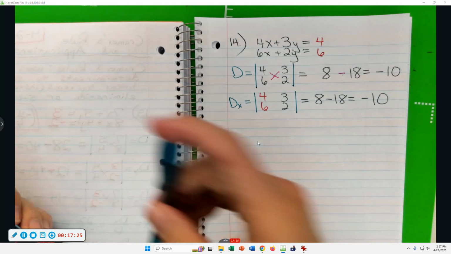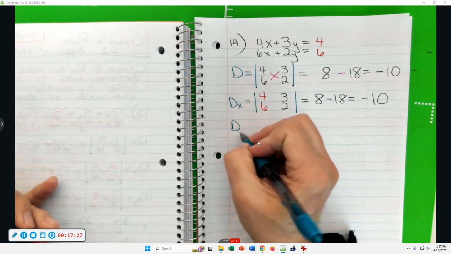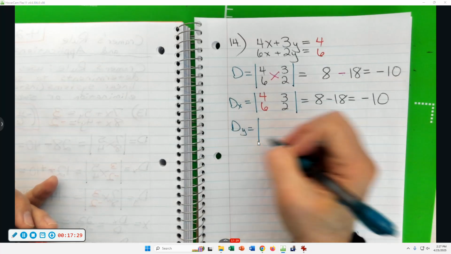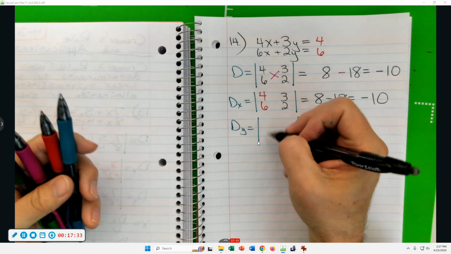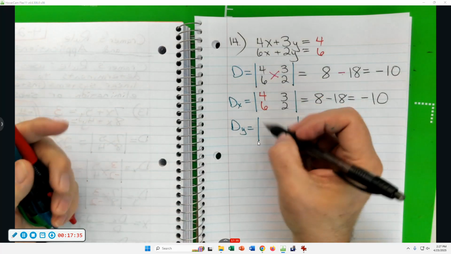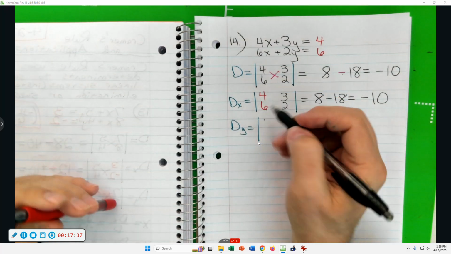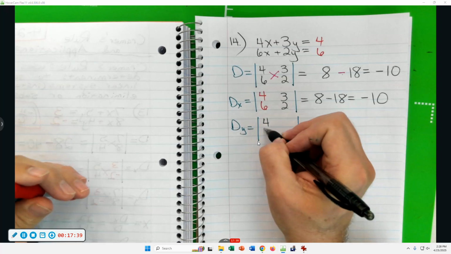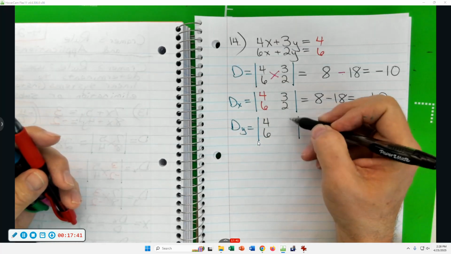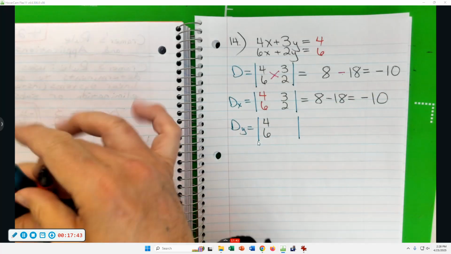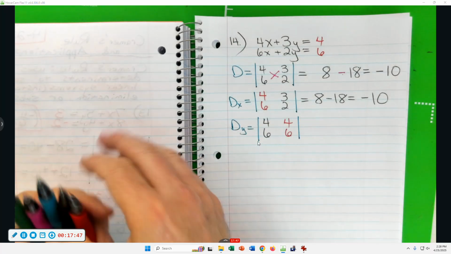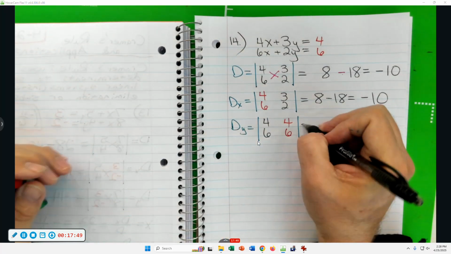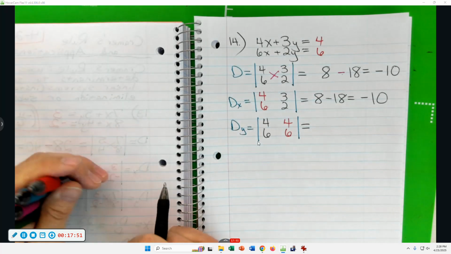Let's find d sub y. What numbers do I write here? Okay, and it's the black 4, 6, not the red 4, 6. What numbers do I write here? That's the red 4, 6. And look, this one's really working out easy.